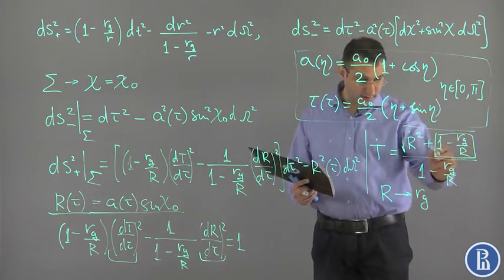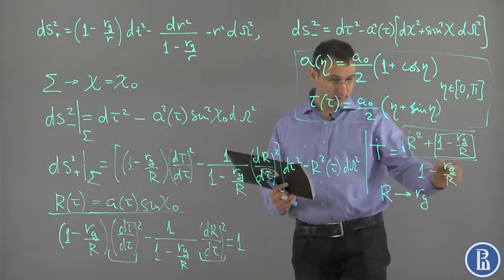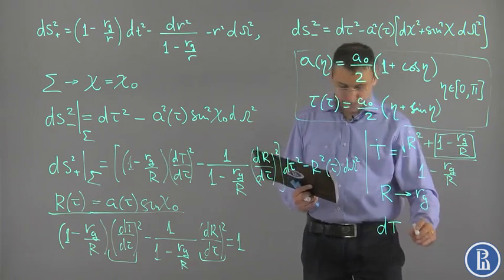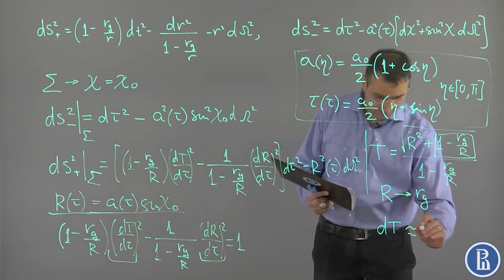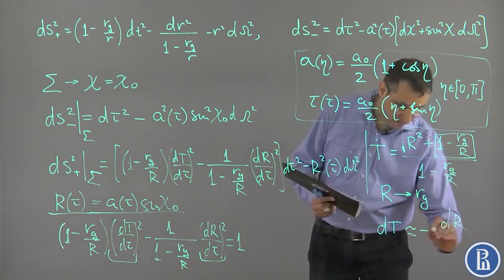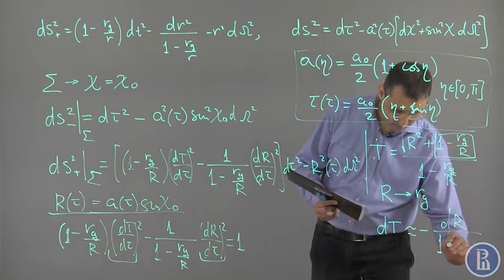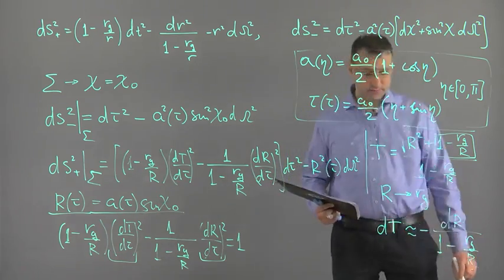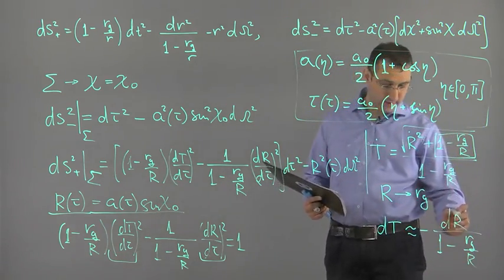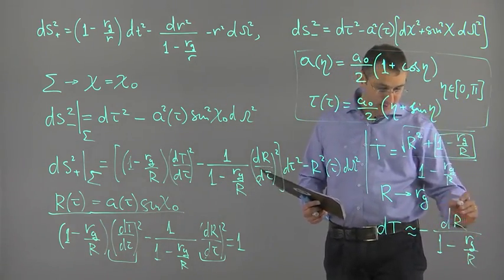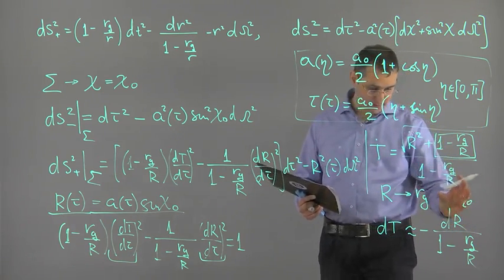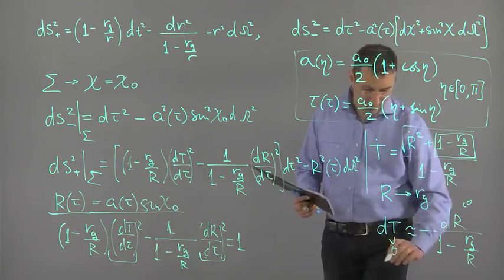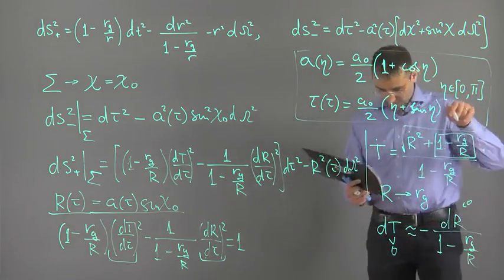So in this limit the equation approximately acquires the following form: dt is approximately minus dr divided by 1 minus rg over r. The minus sign appears because dr is less than 0, since the surface of the star is shrinking as t goes to future infinity.